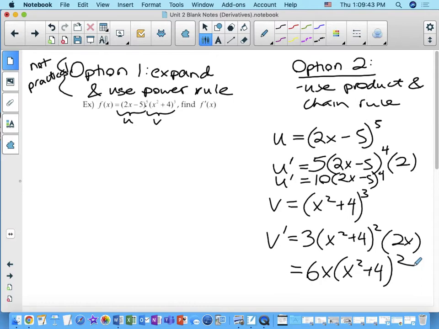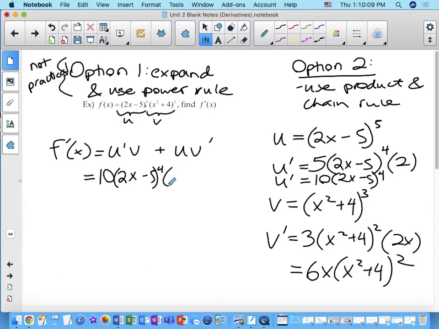All right, so we got our u, we got our u prime, we got our v, we got our v prime. Putting this all together, f prime of x equals u prime v plus u v prime. Just plug it all in. U prime is 10 times 2x minus 5 to the 4.